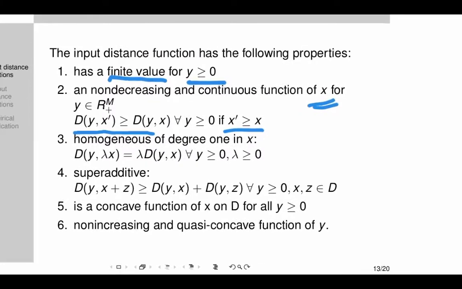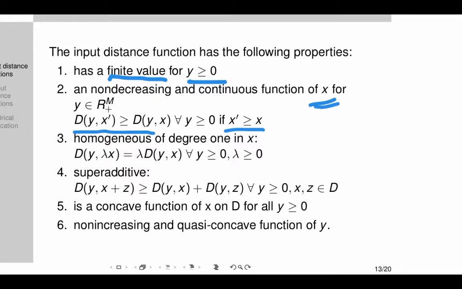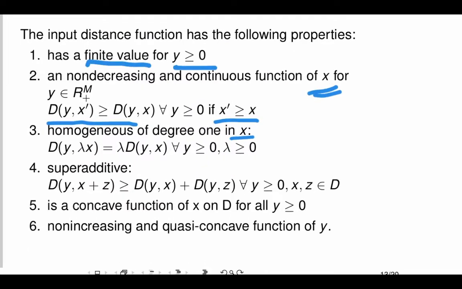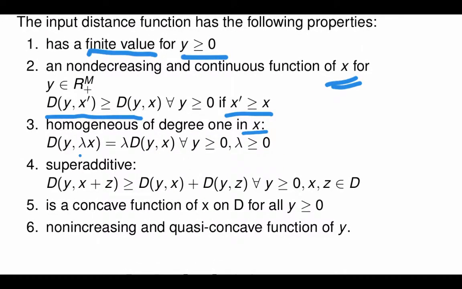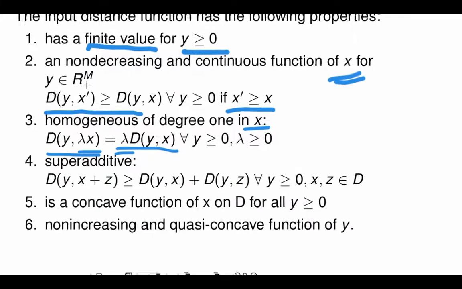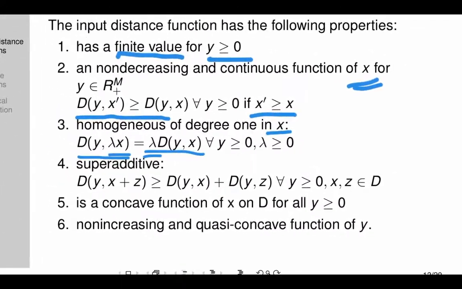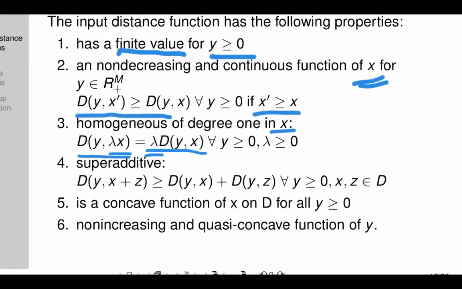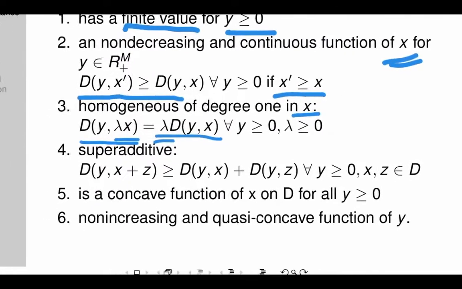Another useful property is linear homogeneity in x, or the input vector, and this simply says if we scale up the input vector by a factor lambda, then the value of the distance function is scaled up by lambda. And this is very useful in terms of estimation as well, as we'll see later.